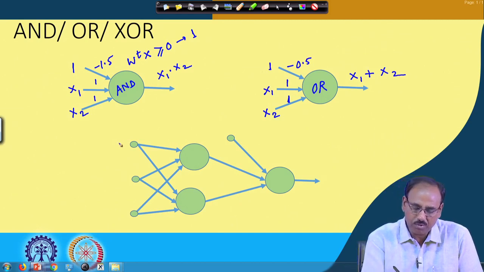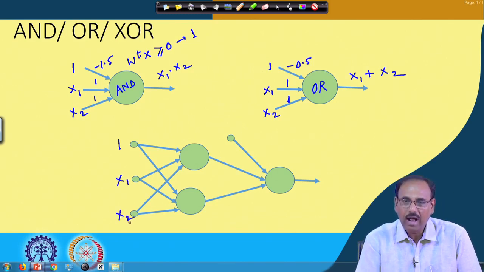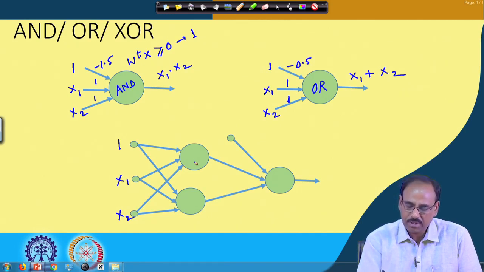Here again our inputs are 1, x1 and x2, those are the binary inputs, and one of these two gates, as we have seen before, implements an OR gate, and the other one implements a NAND function. So, let us assume that the first one implements an OR function and this one implements a NAND function.